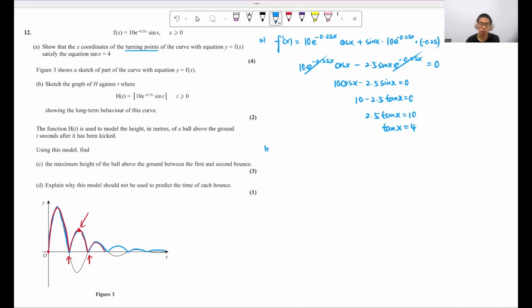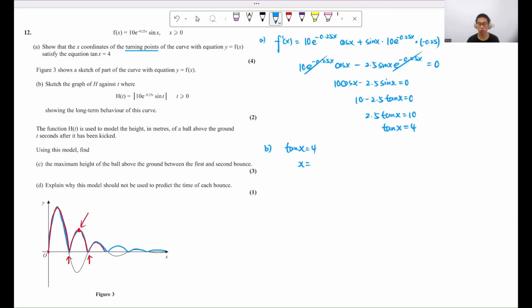To work out the second turning point, we already know the derivative equal to 0 rearranges to tan x equals 4. So x is equal to tan inverse of 4. This is in radians, not degrees. If it's in degrees, they will put a little circle.